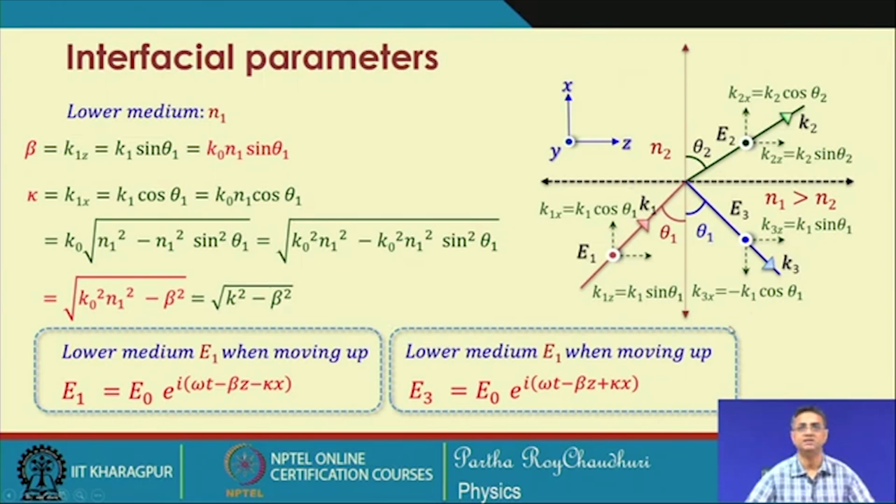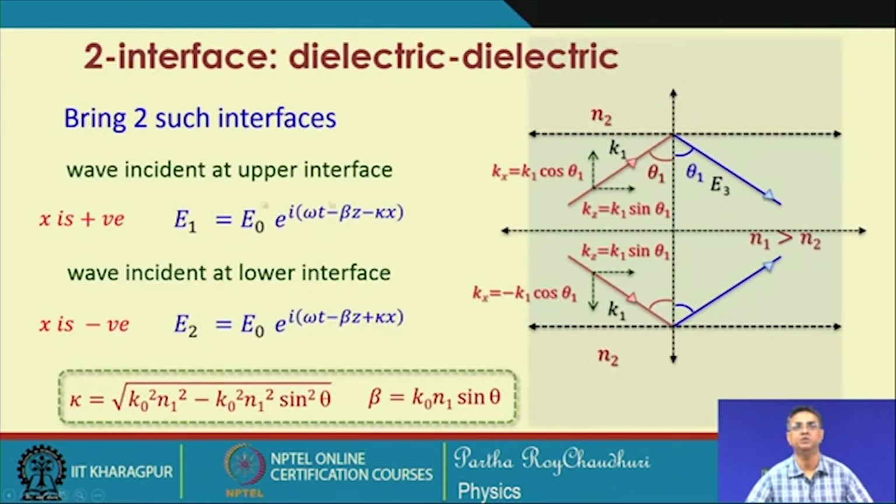Now, with this knowledge we will bring in two such interfaces, one binding the upper and lower media. Essentially, n 1 is the higher refractive index medium, and n 2 is lower. Similarly here, they are identical interfaces, I assume, and the medium inside is continuous.